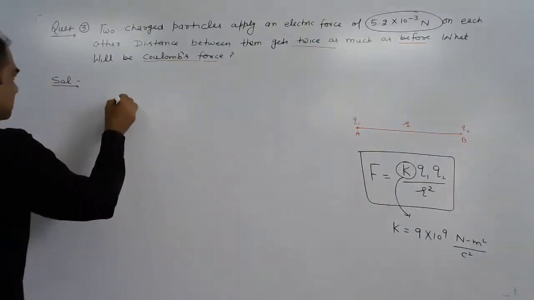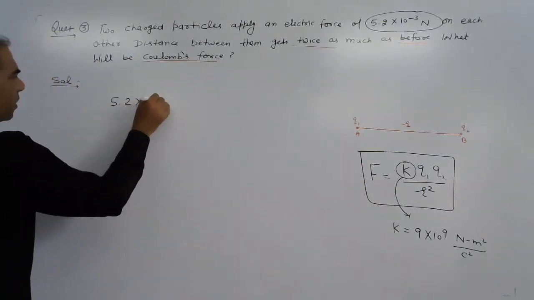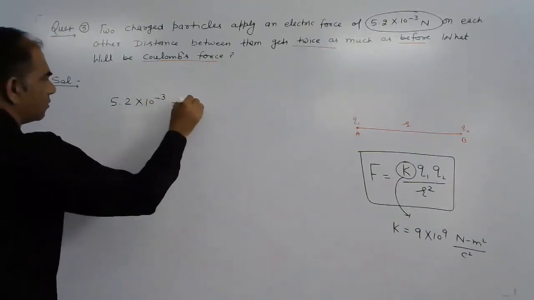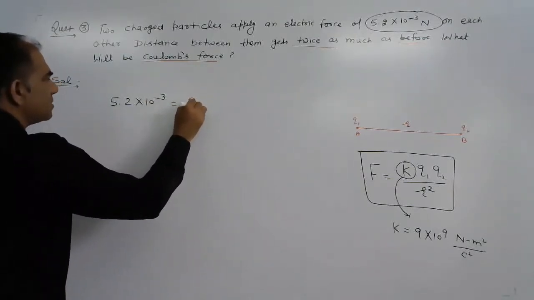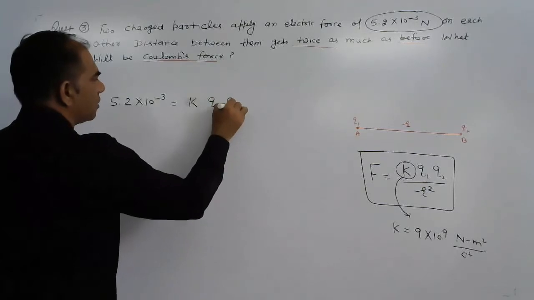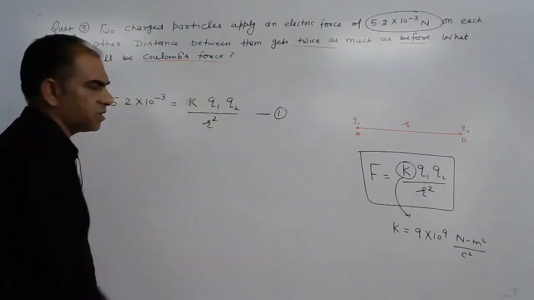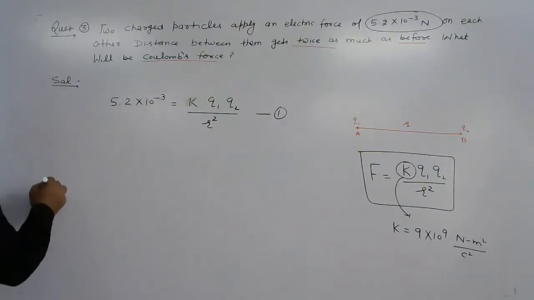So first we put this into the formula: 5.2 × 10^-3 = K Q1 Q2 / r². This is the first equation.